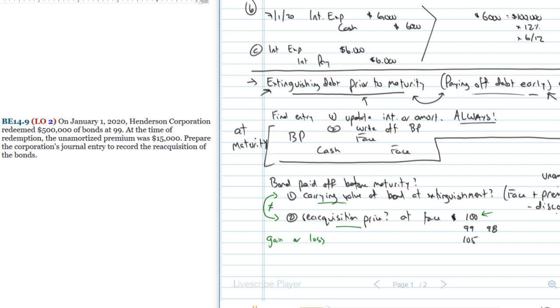So the gain or loss is going to be equal to the reacquisition price minus the carrying value, or the book value, at date of redemption or extinguishment.